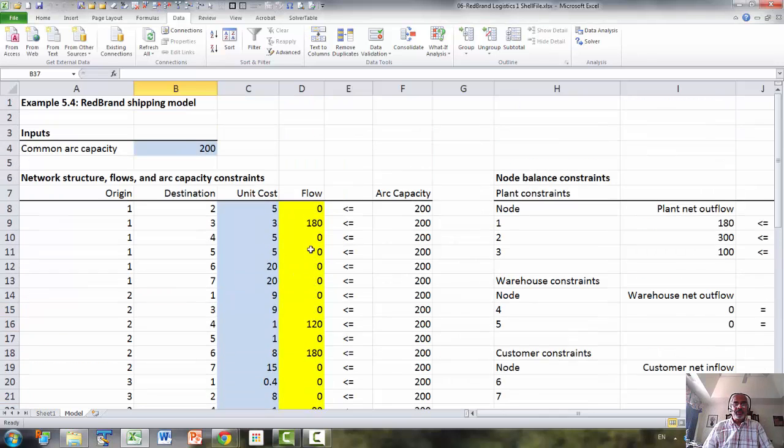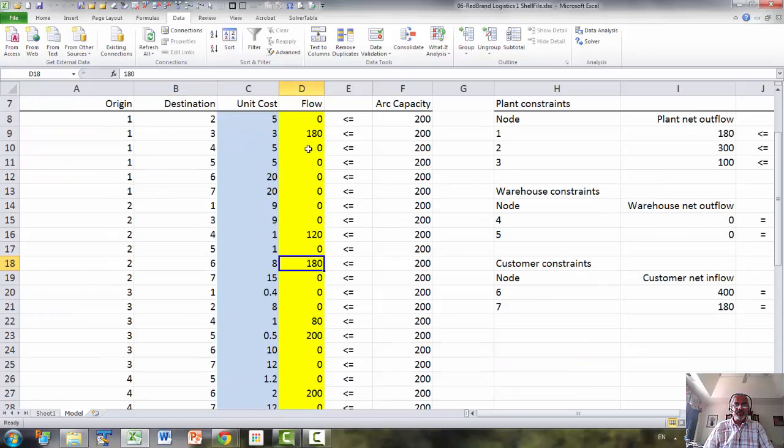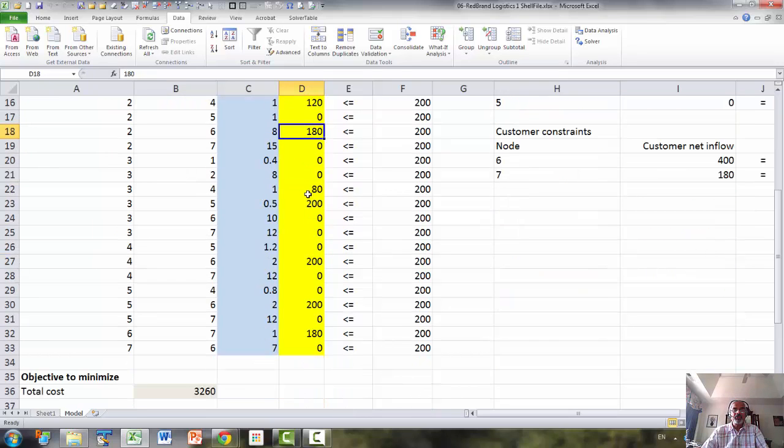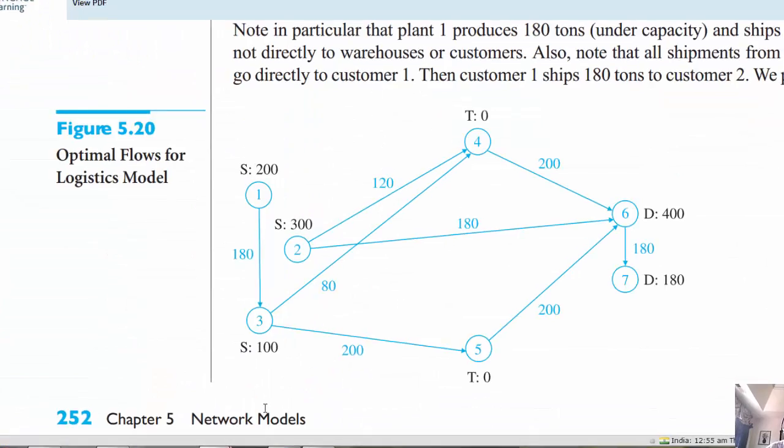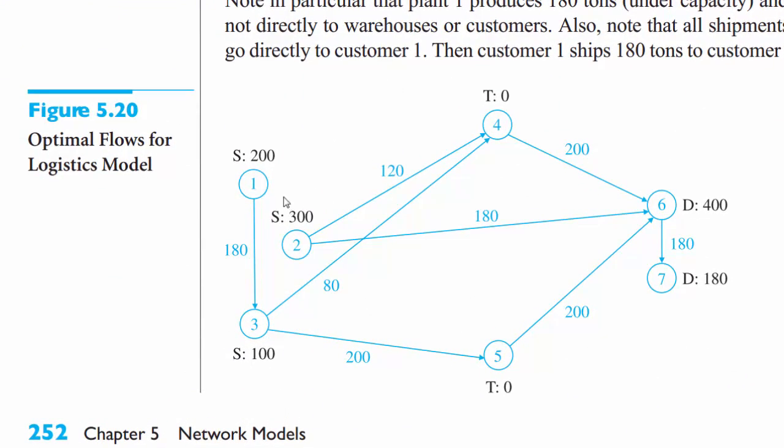The flows are shown here, and zeros mean those flows do not happen. So we can go back to the network and drop all the arcs with no flow and look at what transportation is actually taking place. Here we have retained only the arrows where there is flow.